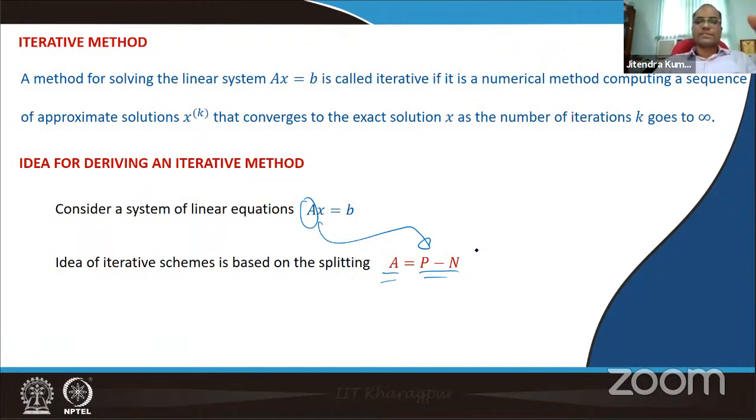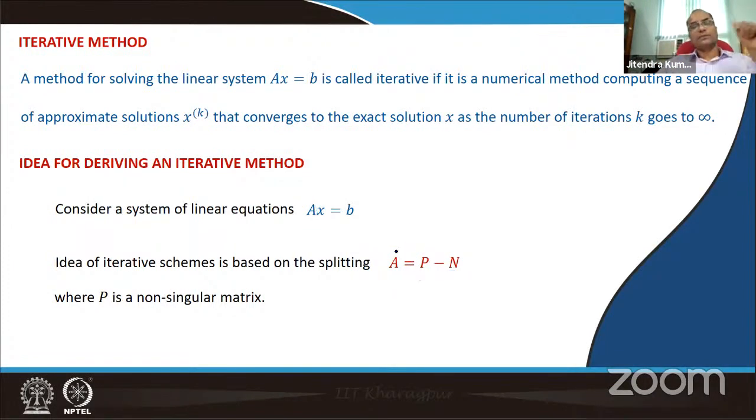As we will see in a few examples, we will be deriving two iterative methods, Gauss-Seidel and Jacobi. You have a particular type of splitting of this A. This splitting is common in all these iterative methods, where P is always non-singular, otherwise you cannot make that iterative method.